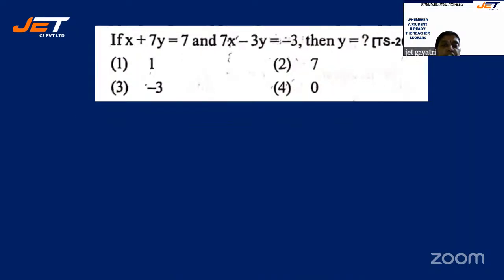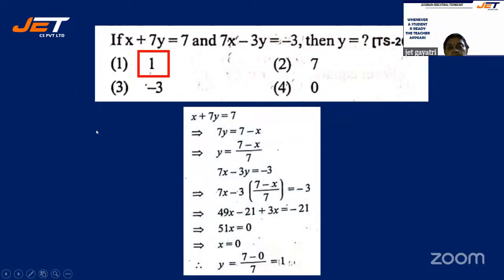See the next question. If x plus 7y is equal to 7 and 7x minus 3y is equal to minus 3, right, so what is the value of y?